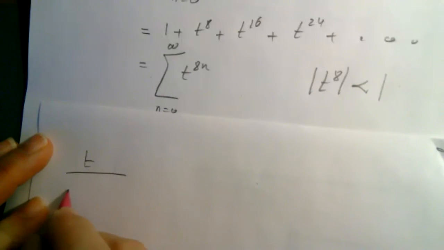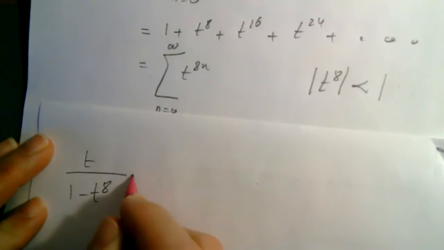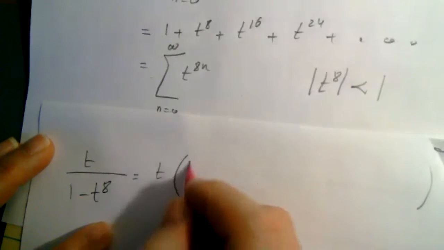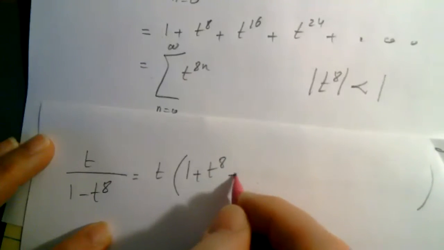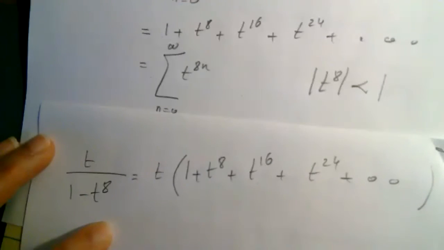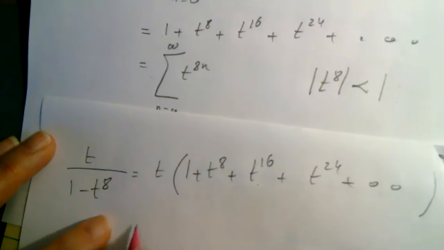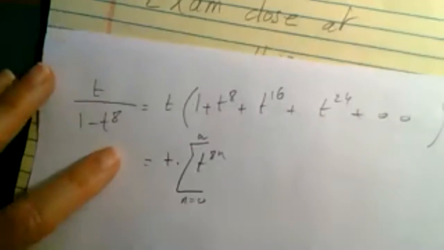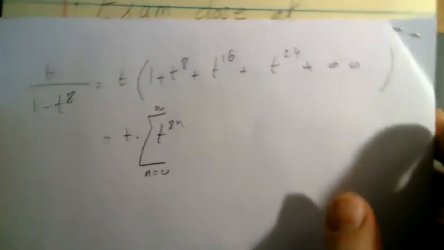So when I do t over 1 minus t to the 8, it's t, so I will repeat this process, 1 plus t to the 8 plus t to the 16 plus t to the 24, etc. All right, it means that's t times sigma, t to the power 8n from 0 to infinity. Okay, so I'll get back to the problem once I answer this because it's crucial that we don't make a mistake.